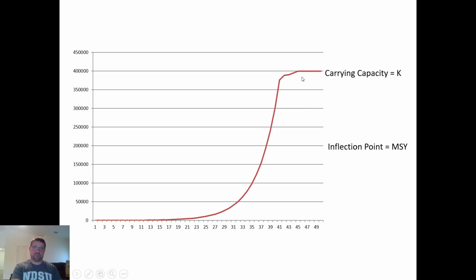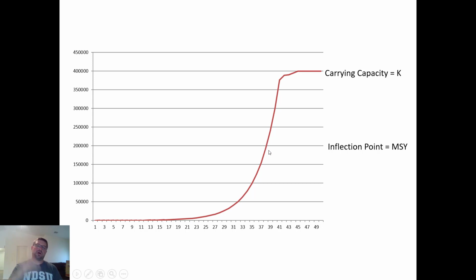So if the carrying capacity is 400,000, half the carrying capacity is 200,000. This is the fastest rate of growth of a population, and that's what we call the maximum sustainable yield. So most fisheries, the shrimping industry, lobster, clam, salmon, tuna, whatever it might be that we're consuming, most fisheries want to be at this point.